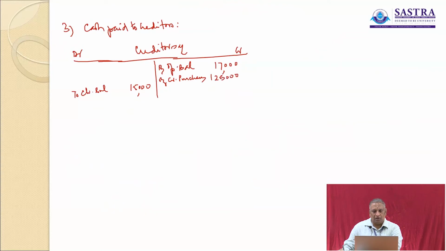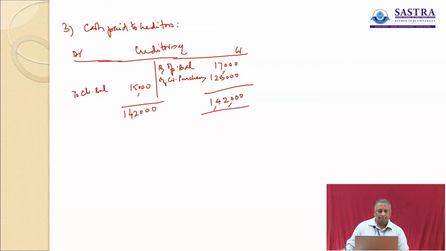If you close the ledger now, you will have a difference of 1,27,000, cash paid to suppliers. So to cash. Creditors account debit, so debit the receiver, credit what goes out. So paid to creditors.